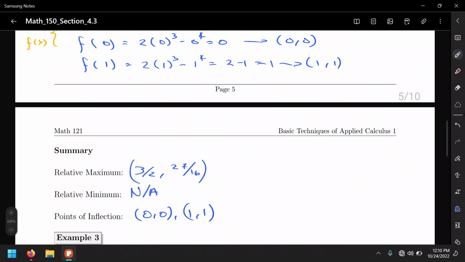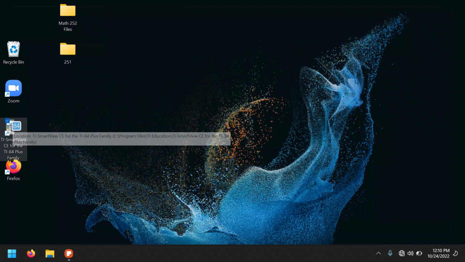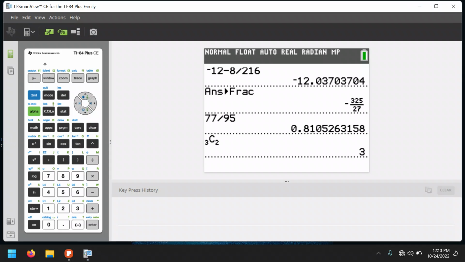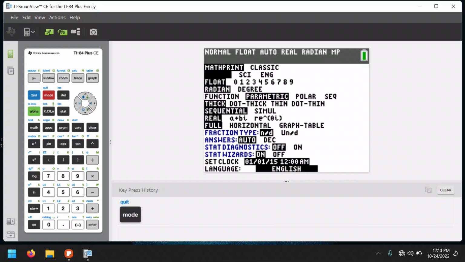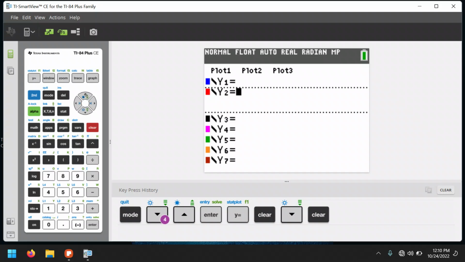How about we verify this using our graphing calculator? So I need to change the mode, I guess, as usual, to function and clear.